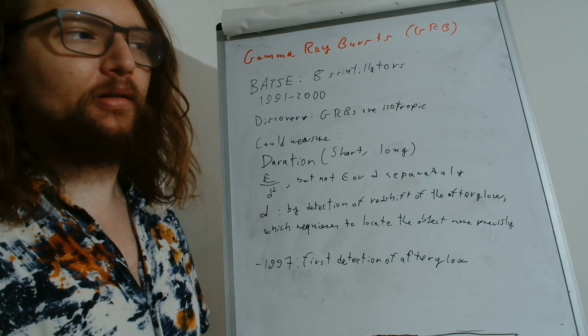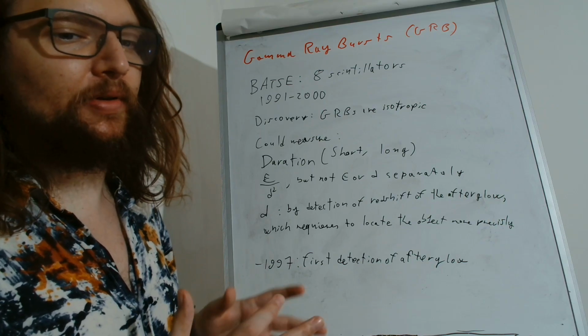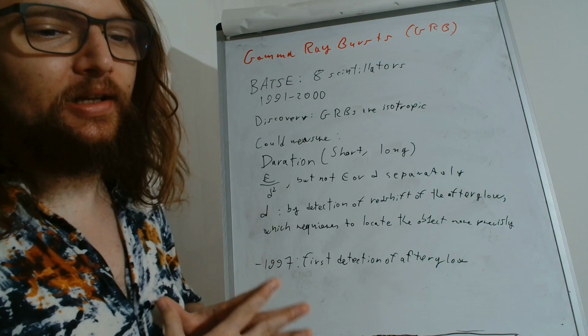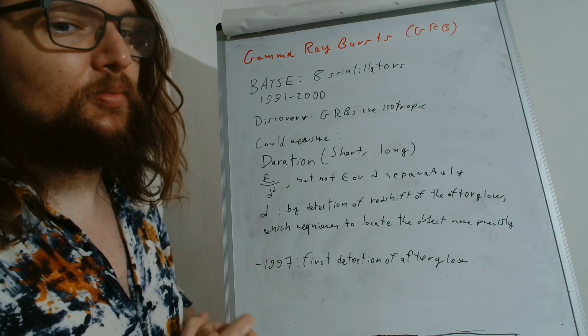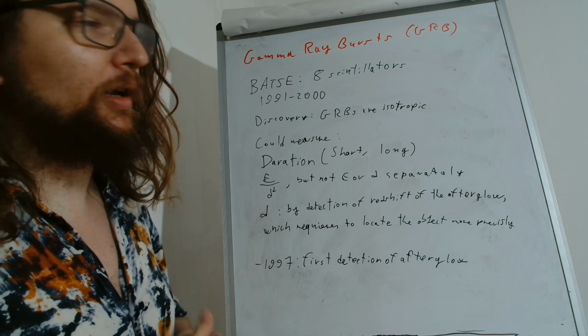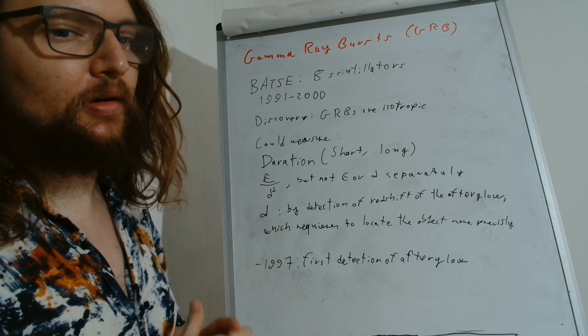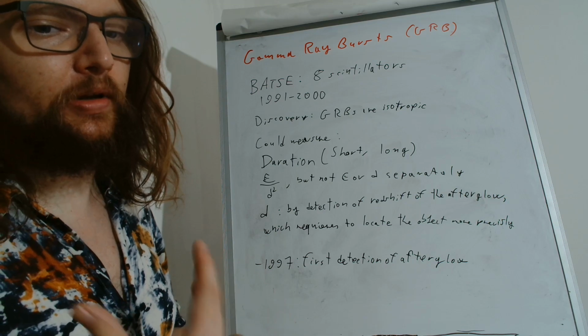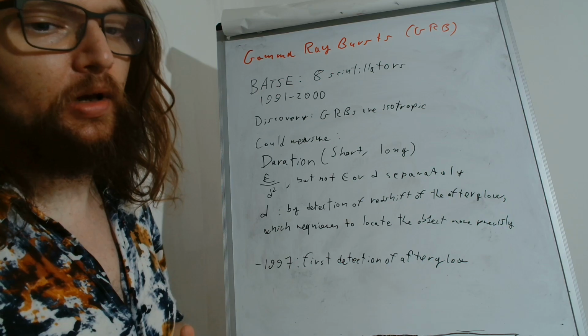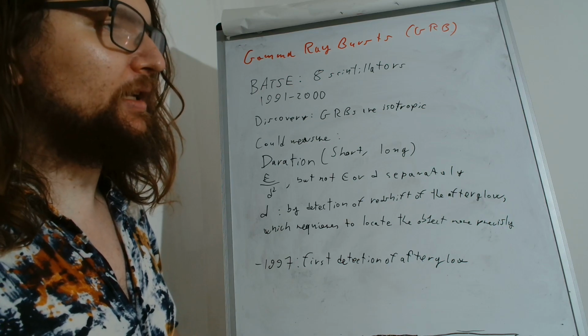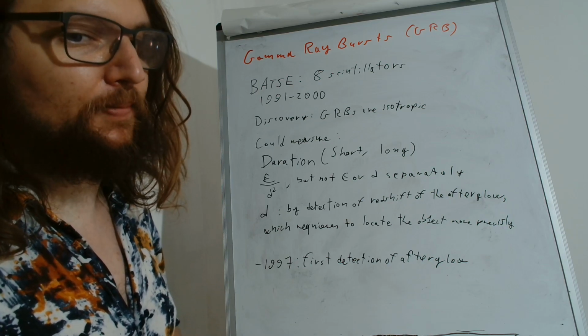So while you can detect a gamma ray burst in the sky, identifying its source is not straightforward. You need multi-messenger astronomy, and the first source of gamma ray bursts to be identified was a source of long gamma ray bursts, in 1998, which was a supernova.